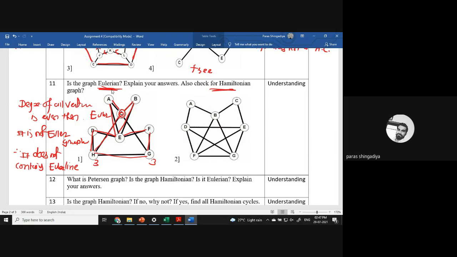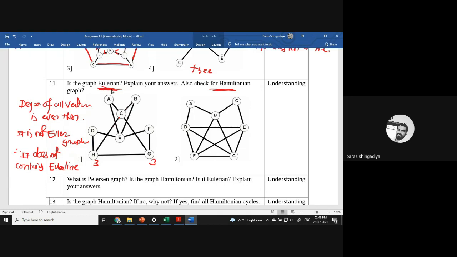Now what about the Hamiltonian graph? Is it a Hamiltonian graph? Yeah, can you find such a circuit which covers every vertex exactly one time? Is it possible in this graph? Circuit find करनी है, ठीक है? Yeah, mention your circuit in the chat box. Which circuit have you used? Just write it down.